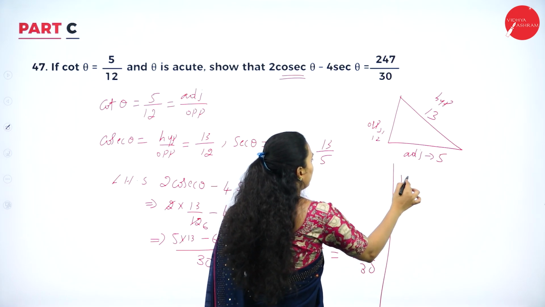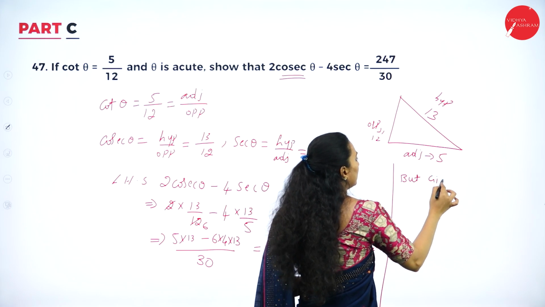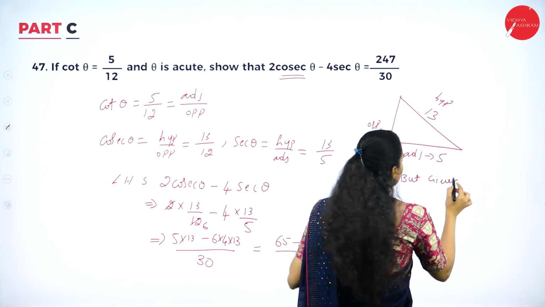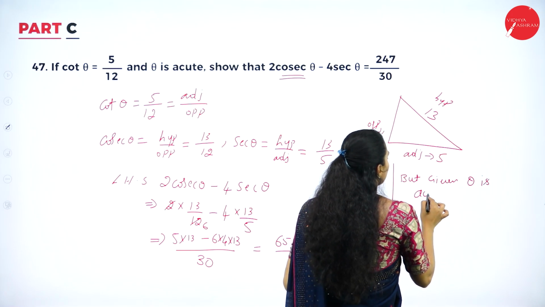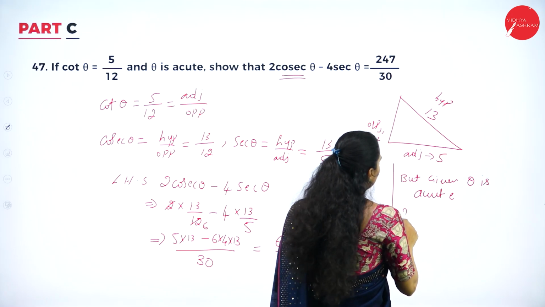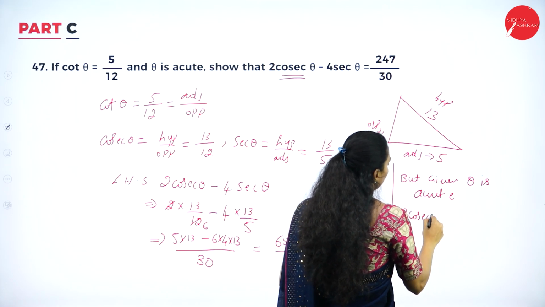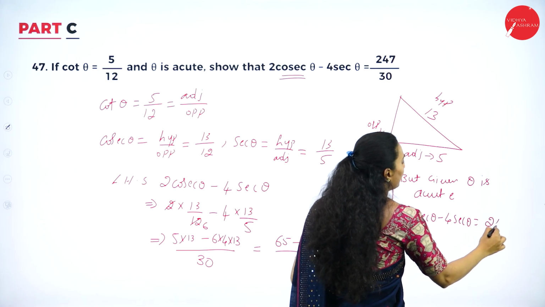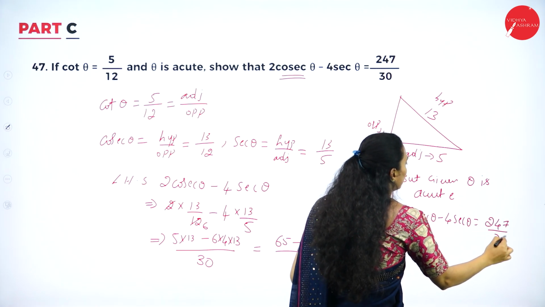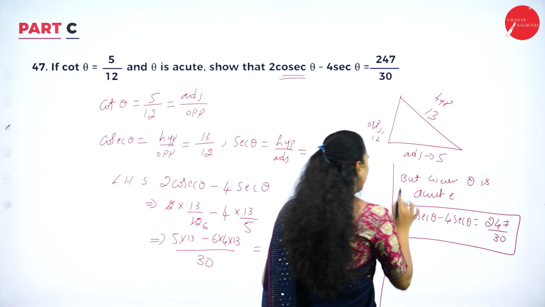But what have they given? Given theta is acute, correct? So therefore 2 cosecant theta minus 4 secant theta will be positive 247 divided by 30. This is very, very important.